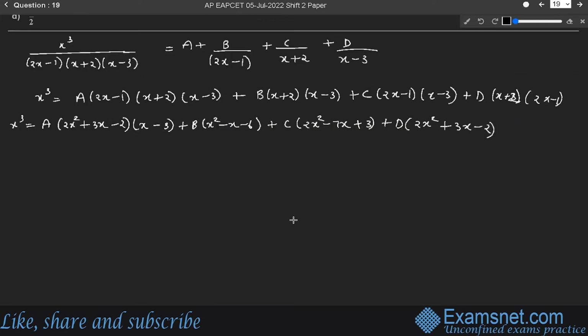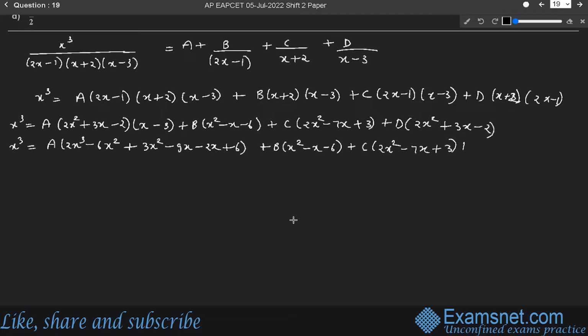Now, on further multiplying, it becomes x cube is equal to a into (2x cube minus 6x square plus 3x square minus 9x minus 2x plus 6) plus b into (x square minus x minus 6) plus c into (2x square minus 7x plus 3) plus d into (2x square plus 3x minus 2).